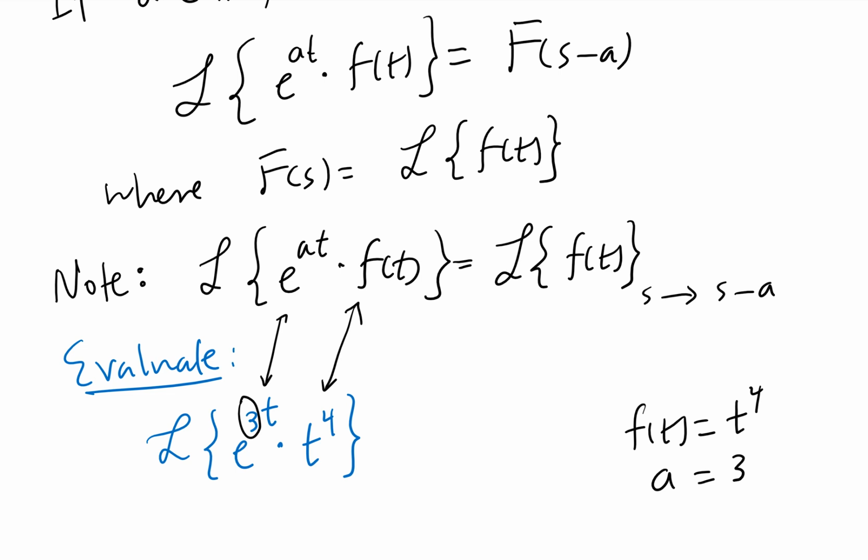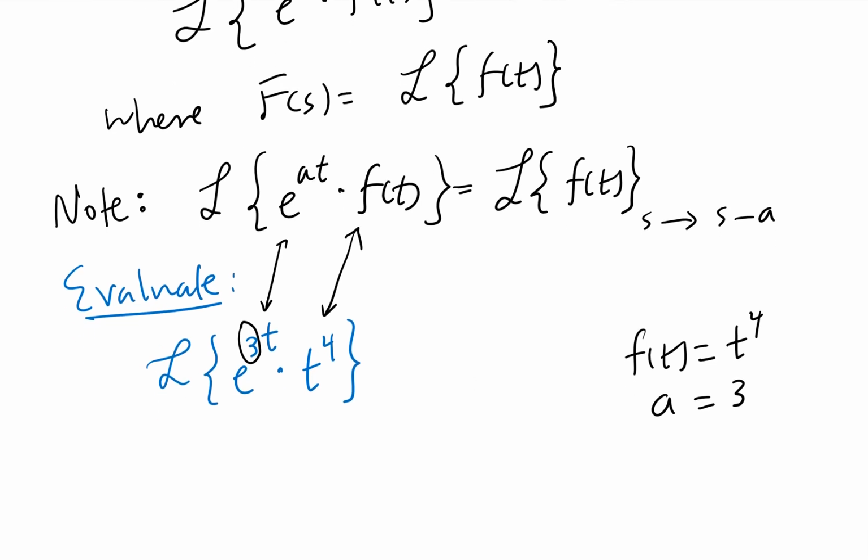Notice what we said in the line right above it. We can simply find the Laplace of f of t, which is t to the 4th, and then replace s with s minus a, where a is 3.